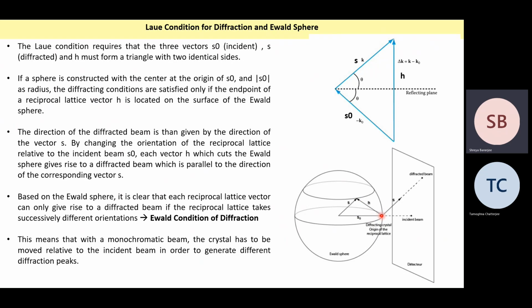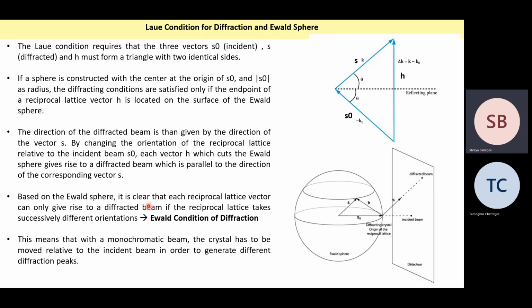H starts from the endpoint of S0, which is on the surface of the sphere, but H must also end at the surface of the sphere. That is the condition for getting a good diffraction spot. The direction of the diffracted beam, S, is shown here. By changing the direction of H, we can get many different S, and according to each S, we will get a spot on the detector.